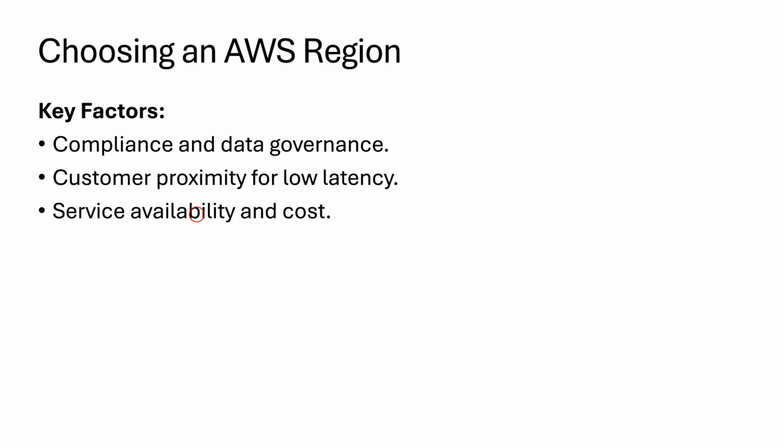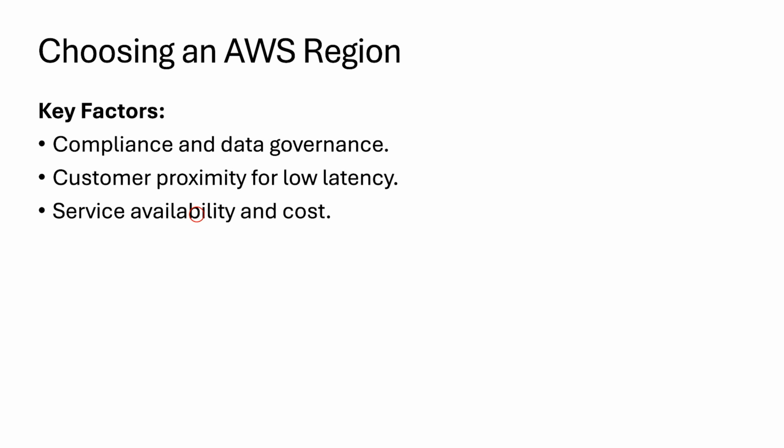You can go to AWS and check the charges in the region you are going to select. Maybe you are selecting US East 1: go to the AWS console and check how much an EC2 instance costs there, then go to another region like AP Southeast 1 and check how much AWS charges for EC2 in that region, right?